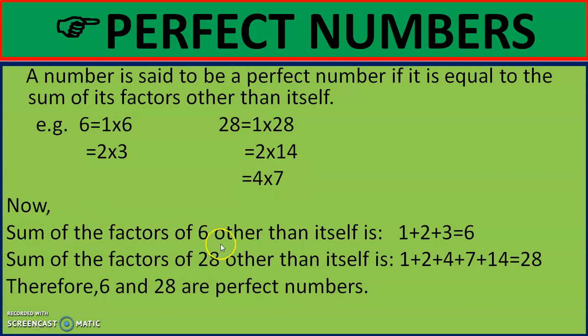Now, the sum of the factors of 6 other than itself, that is, if I do not take 6, the other factors are 1, 2 and 3. So 1 plus 2 plus 3 equals what? 6. Similarly, for the factors of 28 except 28, you will get 28 after adding those factors. So 6 and 28 are perfect numbers.